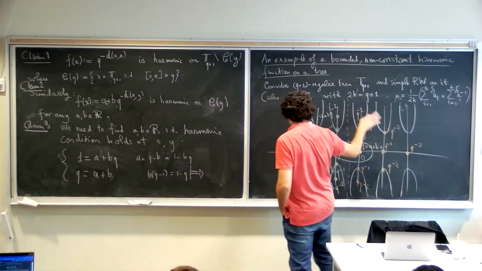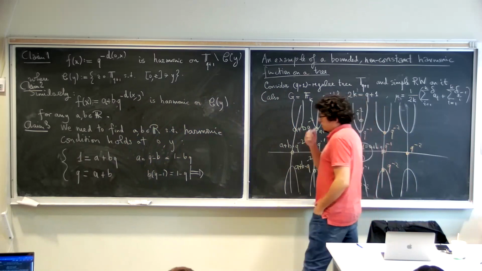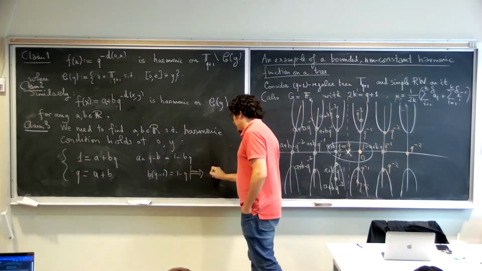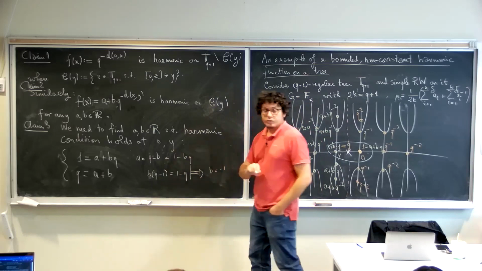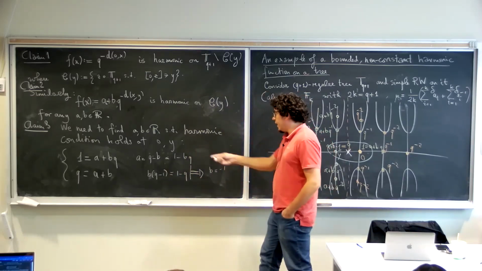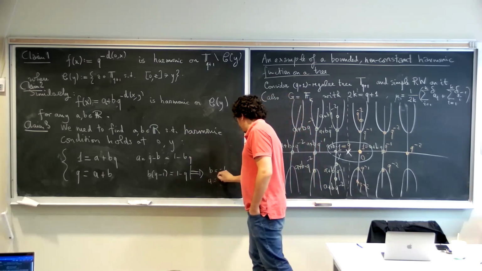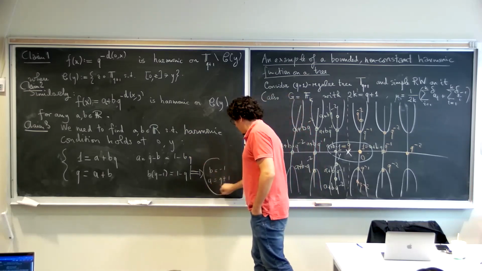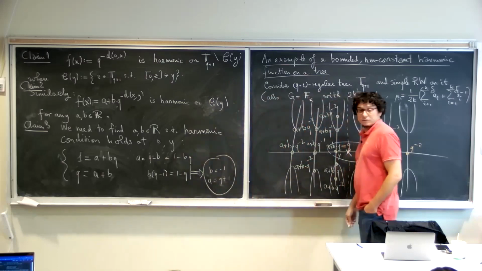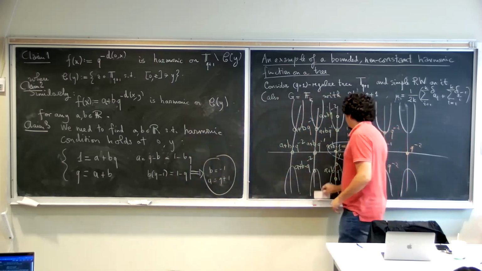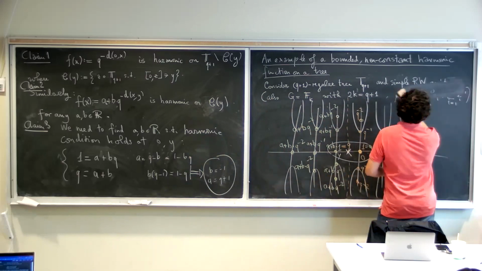Otherwise, this construction doesn't work. So b is negative 1. And then a is q minus b, so a is q plus 1. Okay. So now we are done, basically.